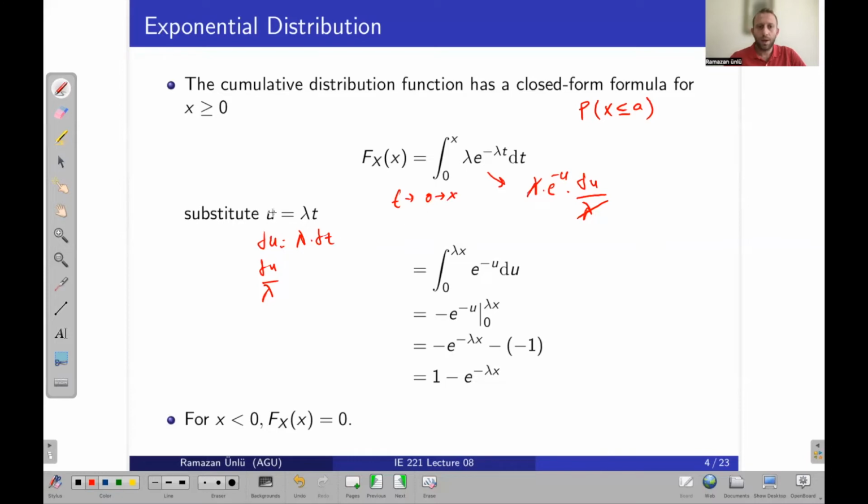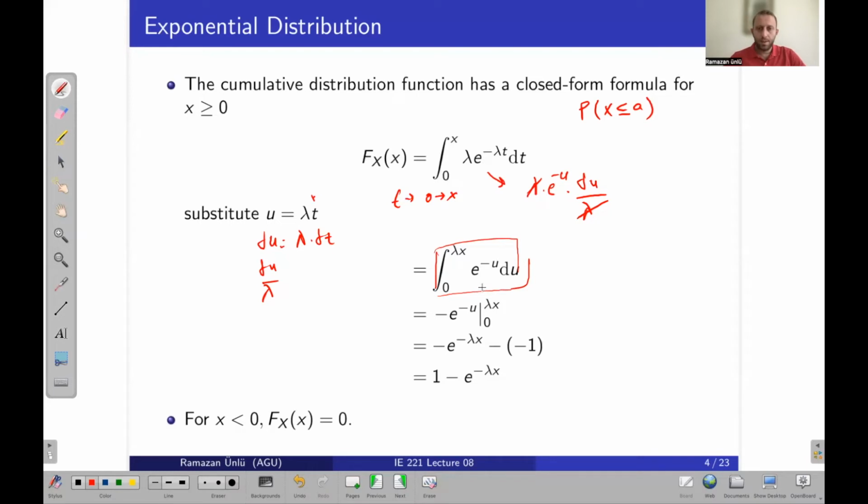If I put 0 here, the u will start at 0 again, and if I put x here, the u will go to lambda times x. So these are my new limits: the random variable u goes from 0 to lambda times x. That is the rewriting of this integral.